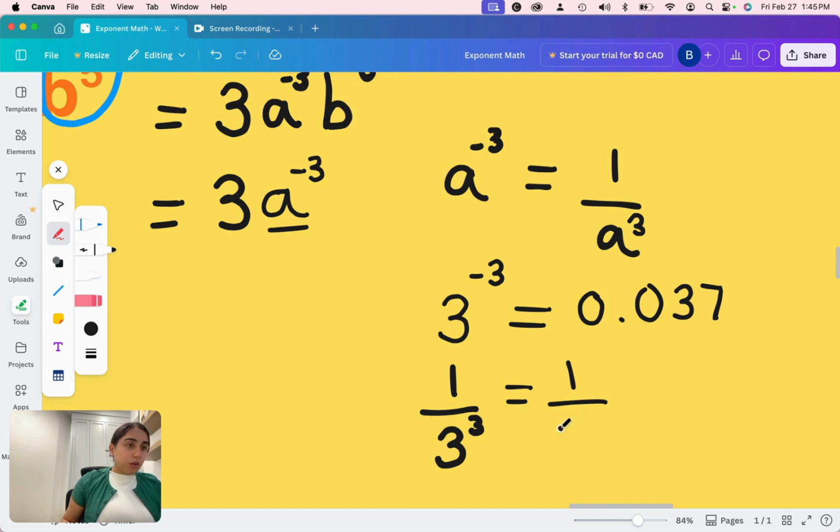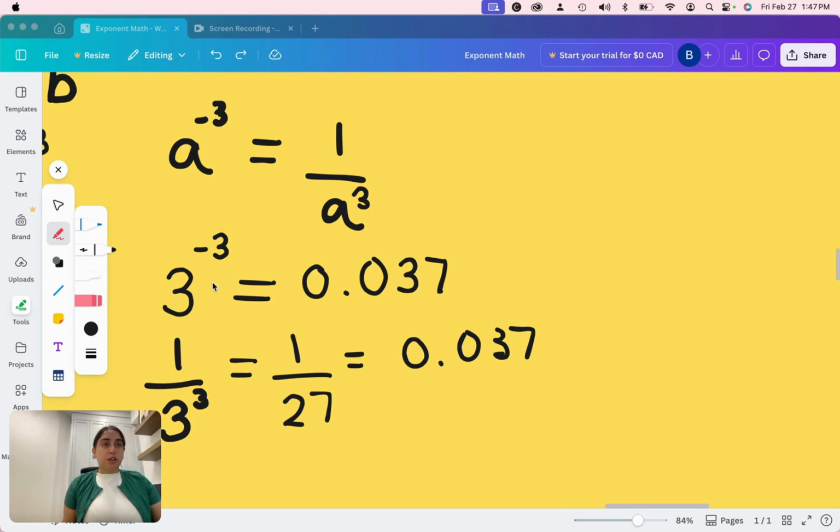So it would be 1 over 27, which is also equal to 0.037. Essentially, the negative exponent law encapsulates the fact that this is true regardless of what your base is, which is why we have a letter here.